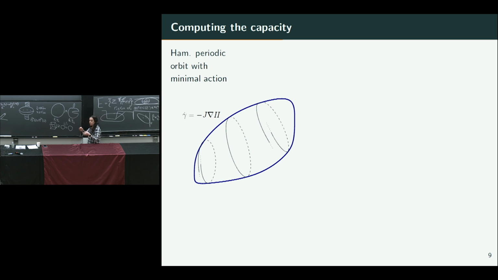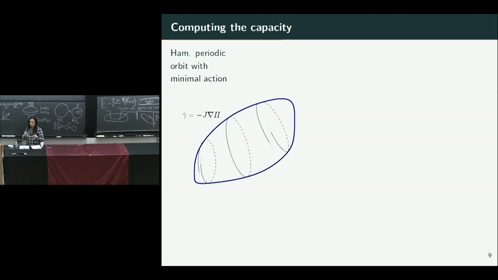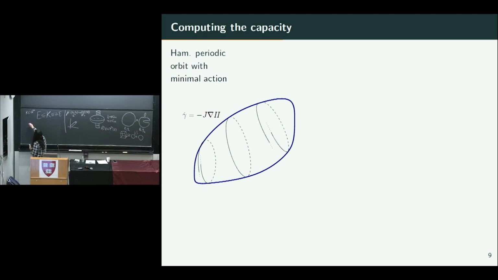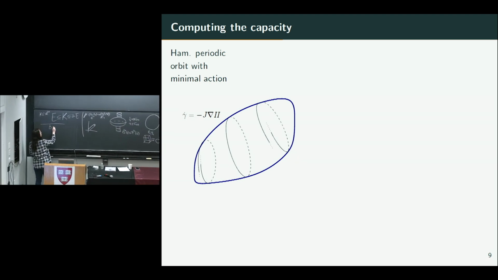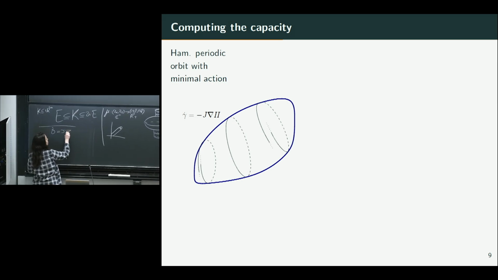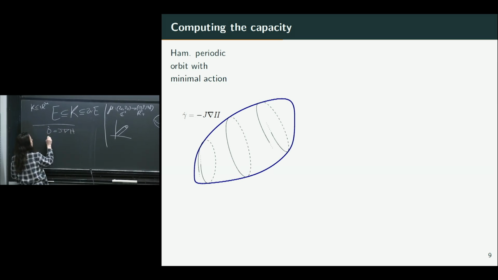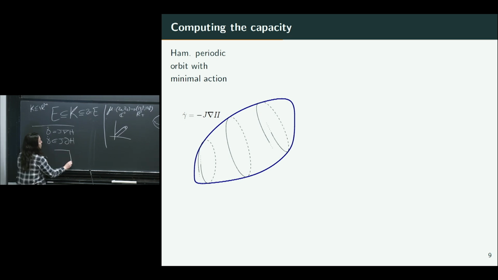So this means that we can work with polytopes, and this is the object we want to explore. Instead of requiring that gamma dot be equal to J times the gradient of H, we now say that gamma dot belongs to J times the subgradient of H. So if we have some convex domain, instead of requiring that it be J times the normal, it should belong to J times the normal cone.